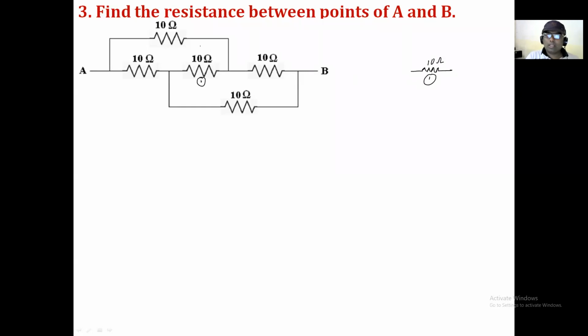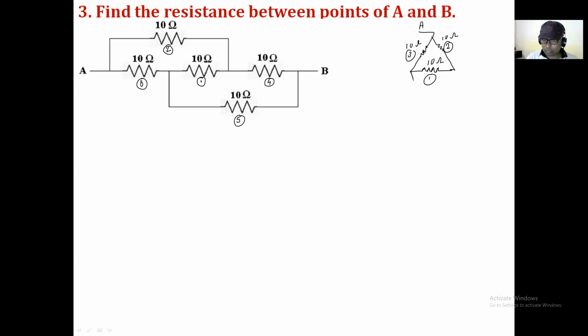Now, this is the second resistance, and this one is the third resistance. This one is the second 10 ohm resistance. This one is also 10 ohm, but its number is third, and this is point A. And now this one is the fourth resistor, and this one is the fifth resistor.